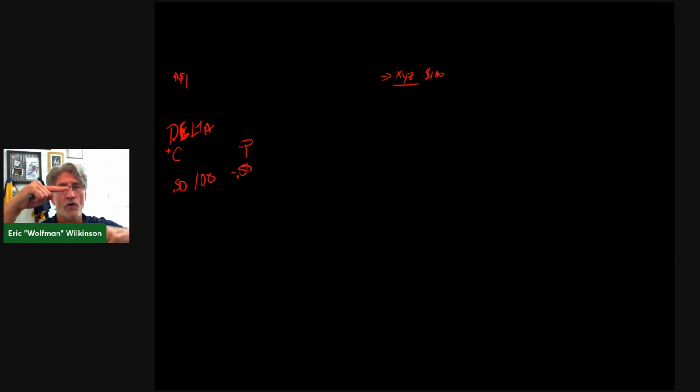The next tick lower is 50-50. So if I'm buying a stock at 100, what's my probability of the next tick being higher? 50-50. So the options right there at the money are 50-50. The puts are -50, the calls are +50.